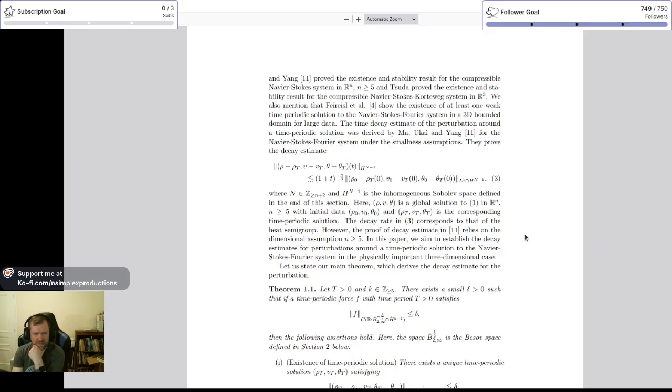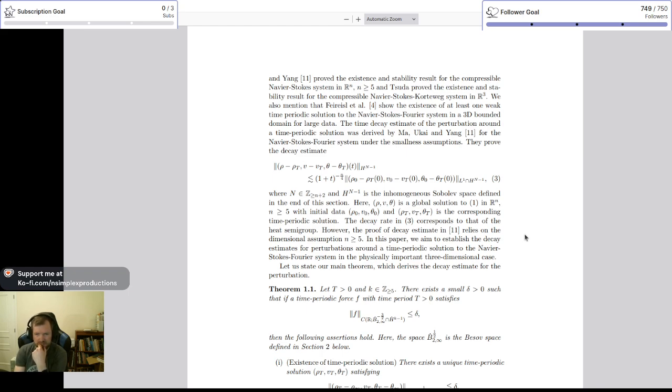All right, the magnitude of F, the time periodic force, subscript C within the real numbers, also this B space intersected with the H dot space.